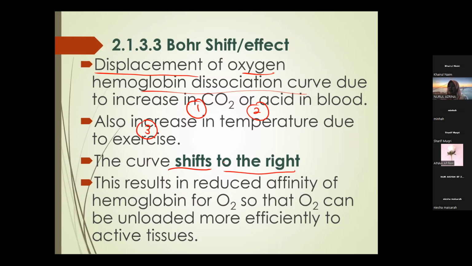Okay, so this result in reduced affinity. Apa kesan shifting of the oxygen dissociation curve? It will reduce affinity of hemoglobin for oxygen. Dia menyebabkan hemoglobin jadi kurang kecenderungannya terhadap oksigen. Kalau kurang kecenderungan terhadap oksigen, maknanya oksigen can be easily unloaded effectively to the active tissue.